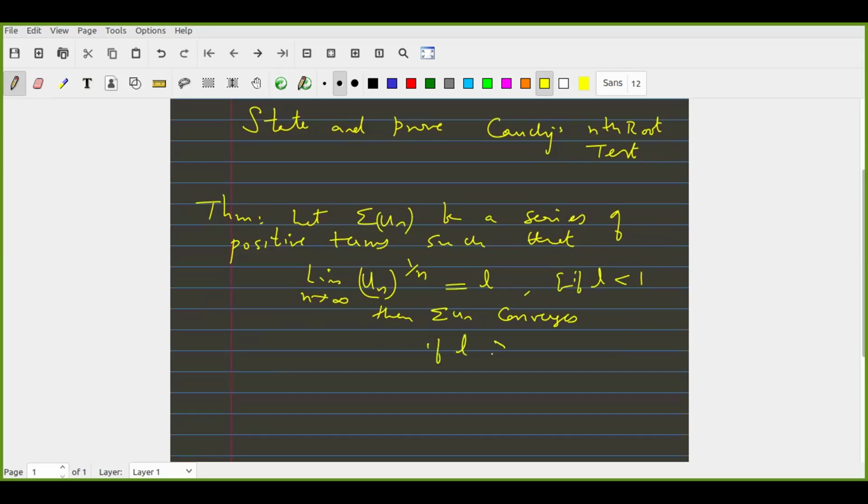If L is greater than 1, then summation un diverges.